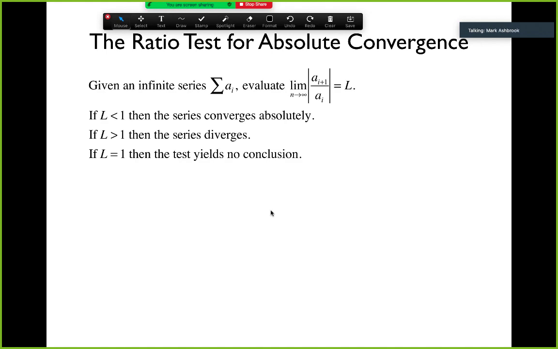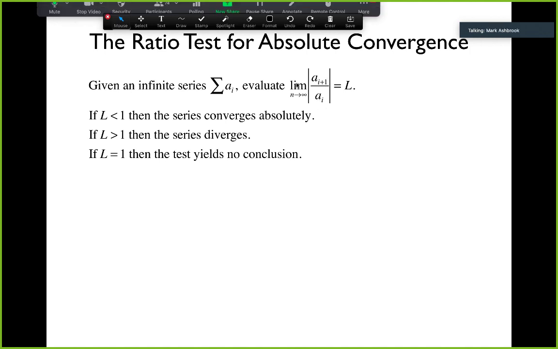Okay, so here's what this is. We've got our series, and we set up a new sequence, a sequence of the ratio of one term to the previous term. So we can make a bunch of ratios out of consecutive terms by taking the next term divided by the previous term and make a sequence out of that.